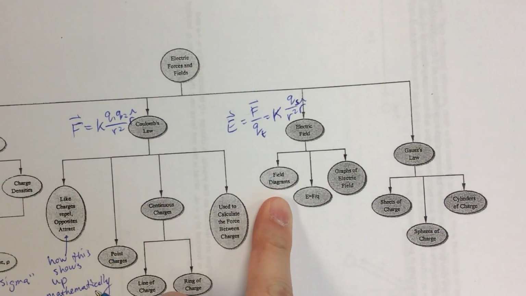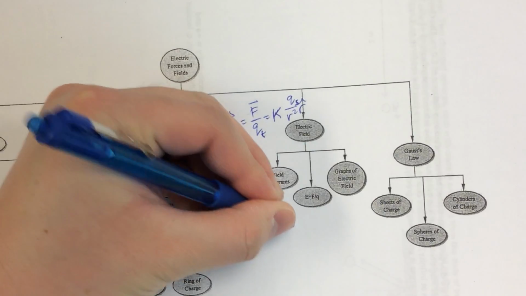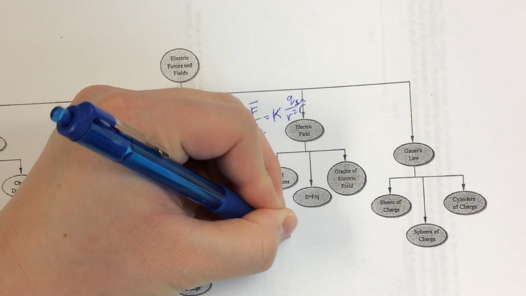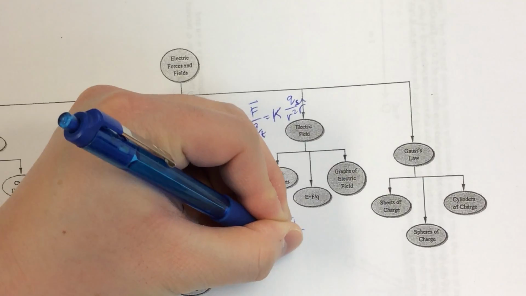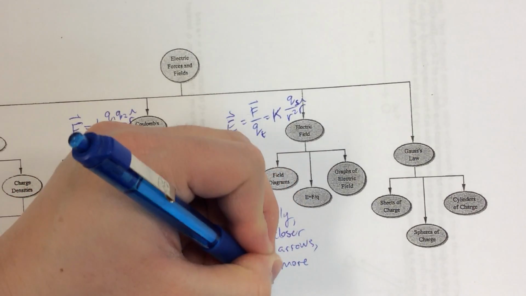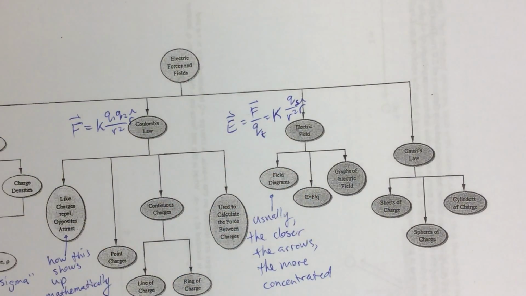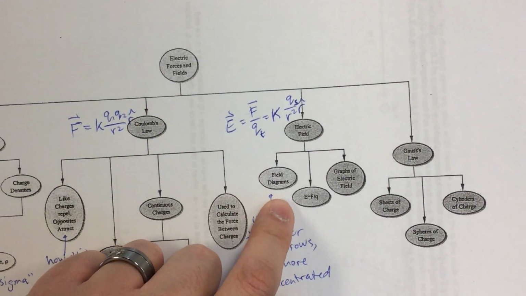Usually, the closer the arrows are together, the more concentrated the field is. Or in other words, the stronger the field is. So if you have a bunch of arrows close together, then it's stronger.